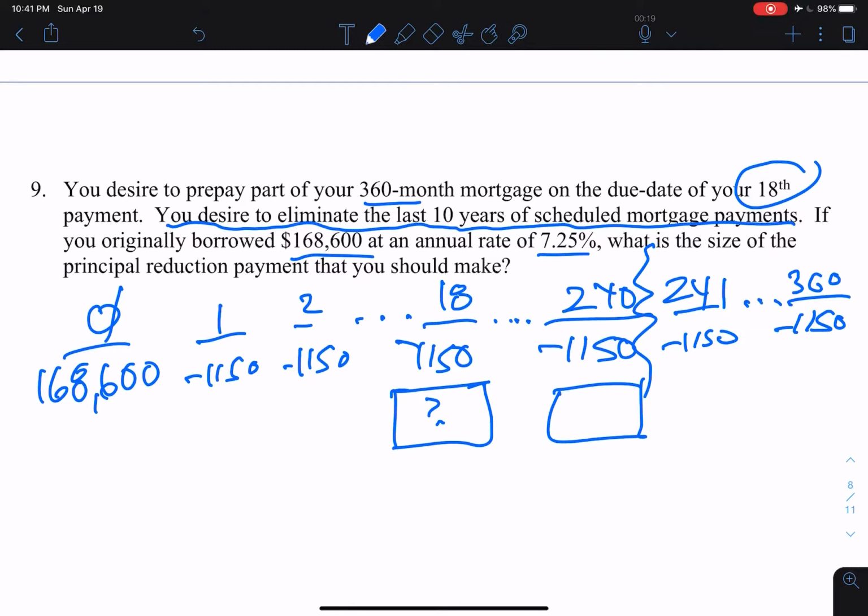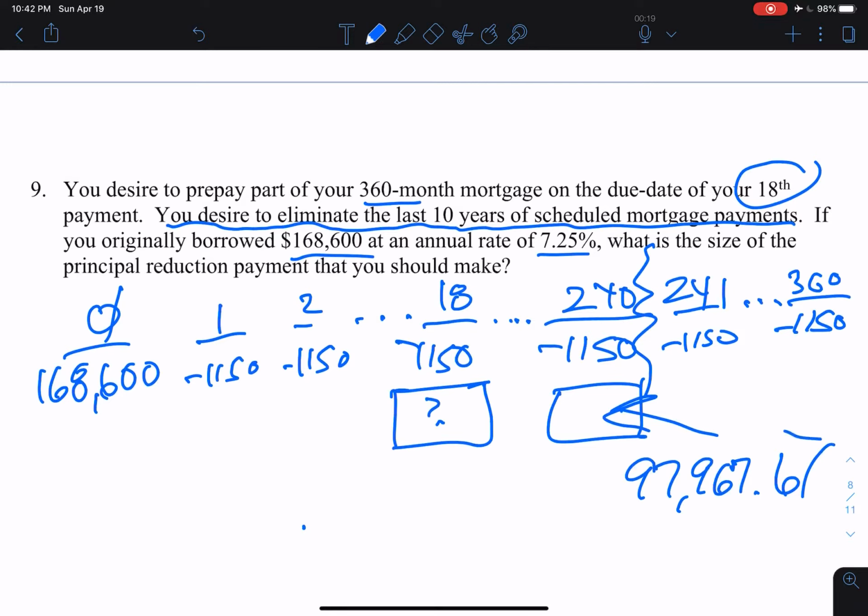Well, you can probably see this. The amount that we had to pay at date 240, when we did this, was $97,967 and 61 cents, and that's the amount we had to pay.